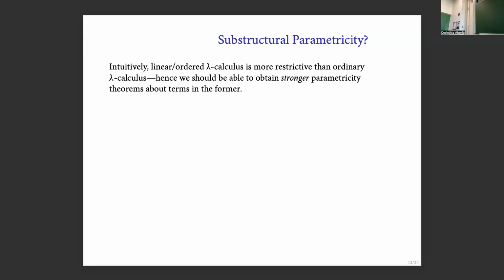Intuitively, if we're trying to get to parametricity theorems for substructural lambda calculus, linear and ordered lambda calculus are more restrictive than ordinary lambda calculus. So we would expect to be able to get stronger parametricity results about terms in the former.